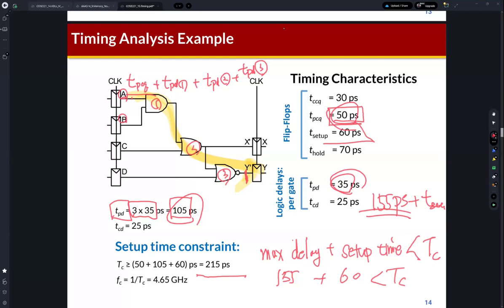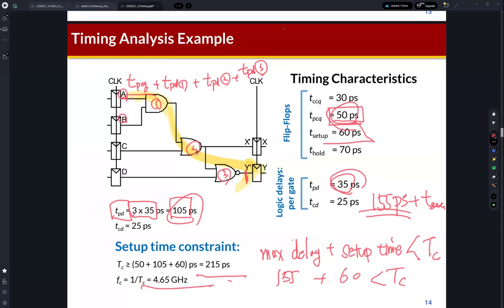So what is the maximum frequency? Maximum frequency is the inverse of the minimum clock period. So it's 4.65 gigahertz.